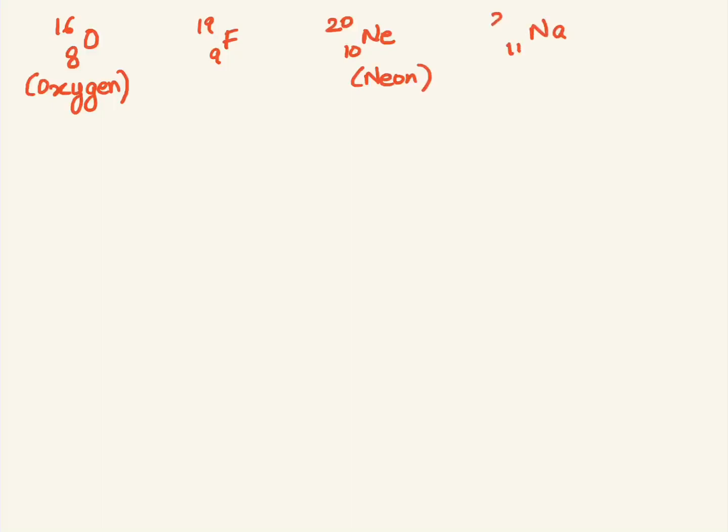Okay, so here we go. I'm giving you the atomic number values. So 8O16, 9F19, 10Ne20. So O is oxygen, F is fluorine, Ne is neon, 11Na23. Sodium comes from natrium, so it's right. Then 12Mg24.